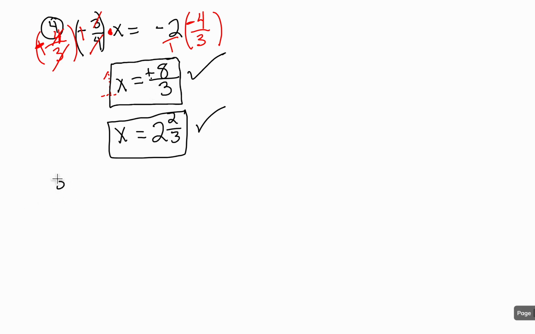All right, number 5, example 5. We've got pi x equals 3 pi. Now, I have to really think about this one because there's that hidden multiply. So to undo multiplication, we divide. So we're multiplying by pi, so we divide by pi.